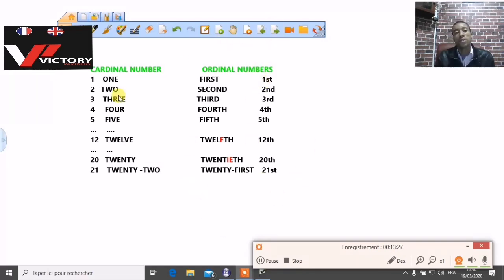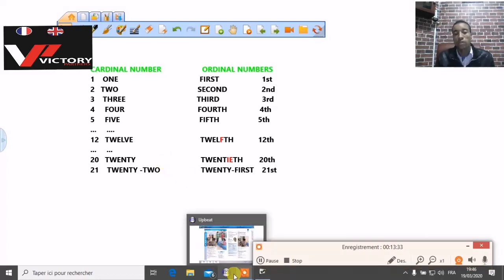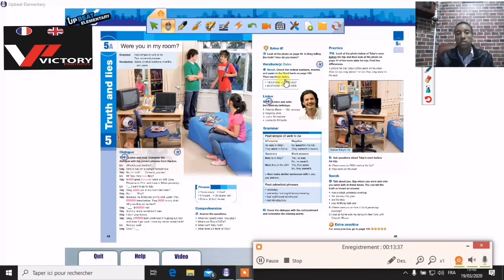So this is the difference between cardinal and ordinal numbers. Now we go back to our exercise right here.